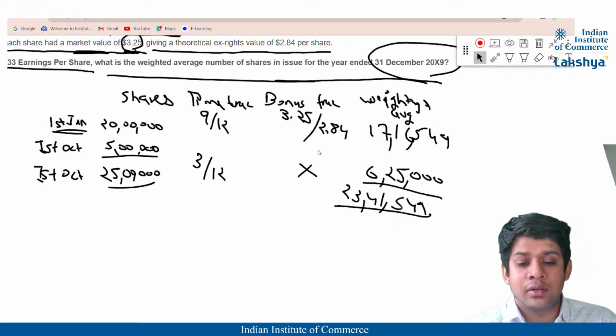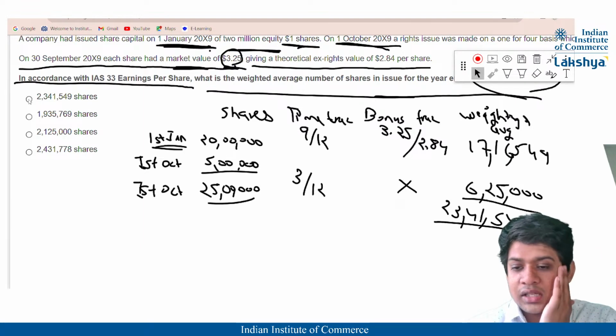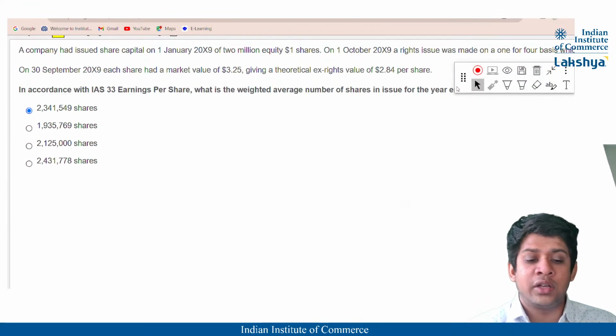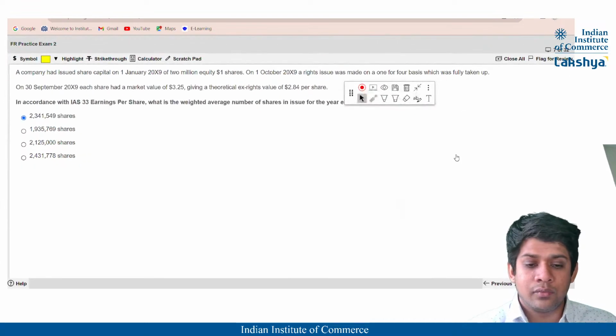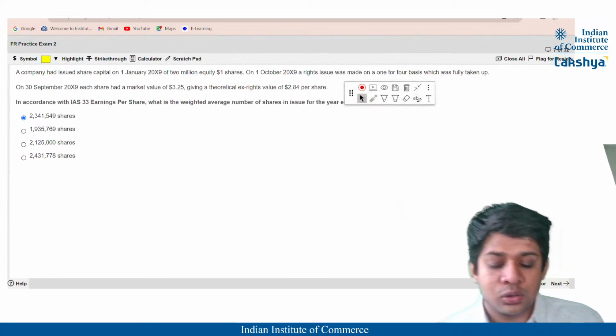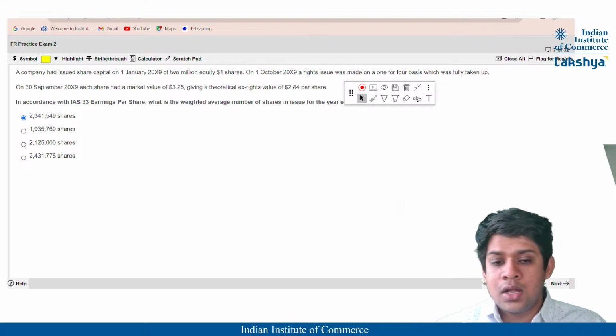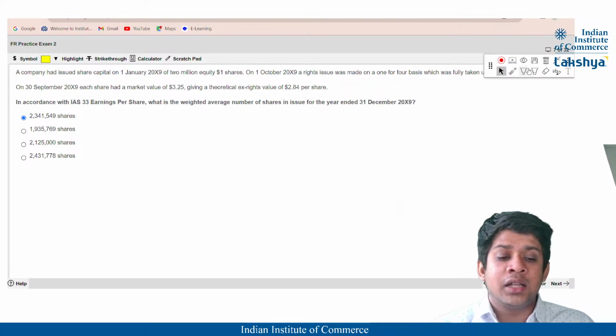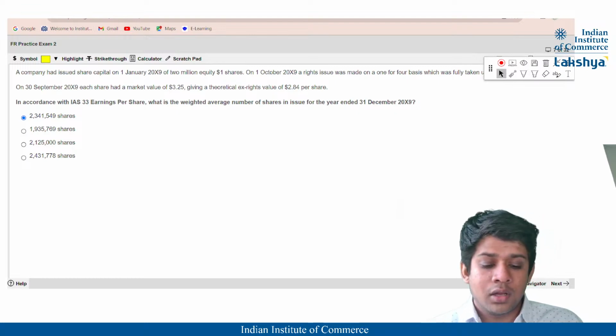This is what we are getting. Yes, exactly the answer that we got. I hope it is clear to everyone and you all have clearly understood the sum. Always remember, guys, a rights issue also has a bonus fraction to be applied, and the bonus fraction is to be applied from the start of the year till the date the rights issues are made.